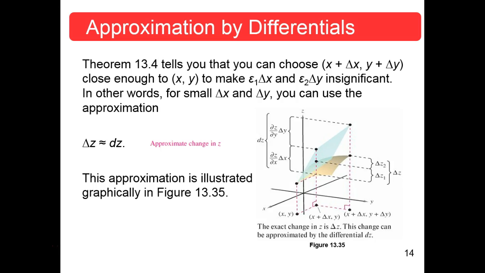That's what they call the delta, no, the dz is way up there. The delta z, how much z actually changed when you increase x this much and then y this much, is right there.